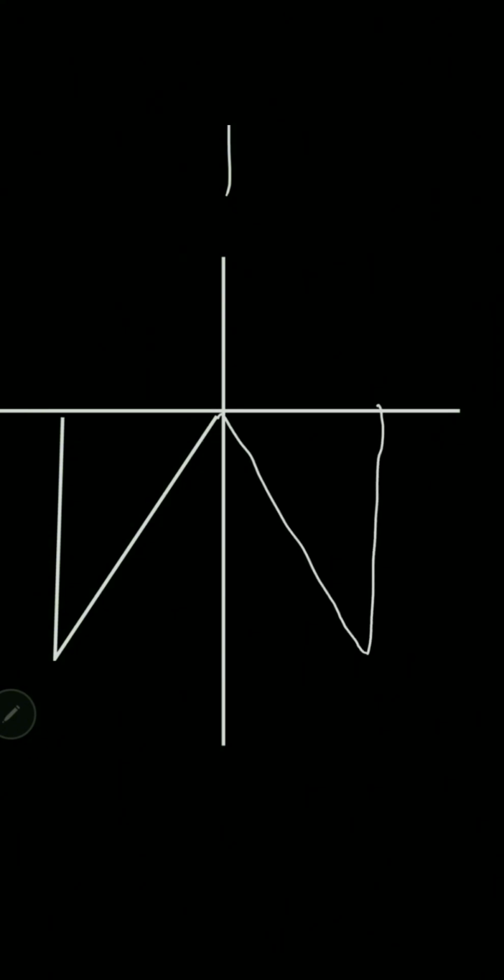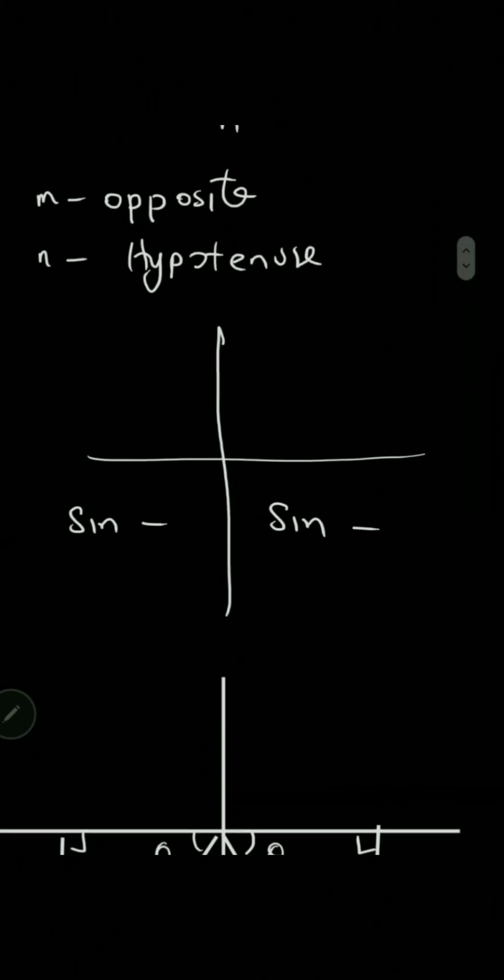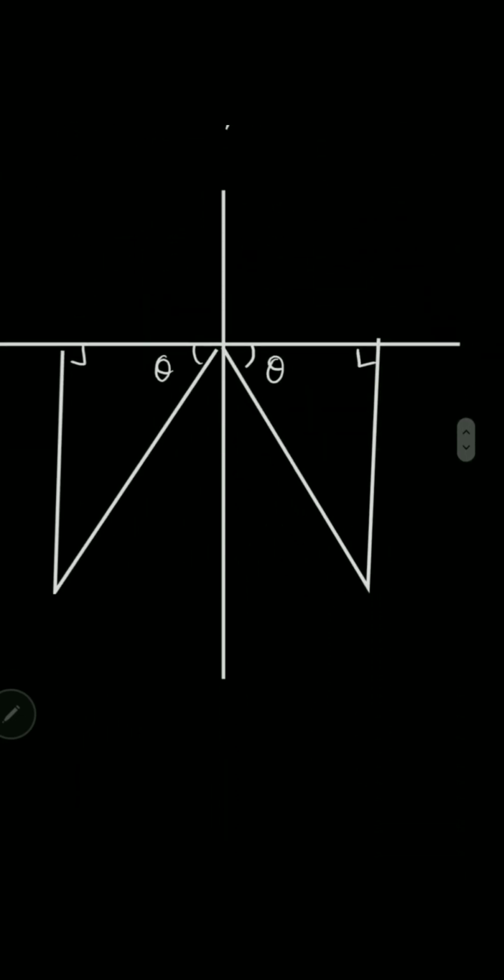Okay, then I'm going to draw triangles in the third and in the fourth quadrant, where we have that sine is negative. So this is what we have, and also that's what we get in the fourth quadrant. And this is simply our angle theta here from the origin, and also our angle theta here. Now looking at what sine is, that's our right angle there. Sine is opposite over hypotenuse, of which our m is the opposite.